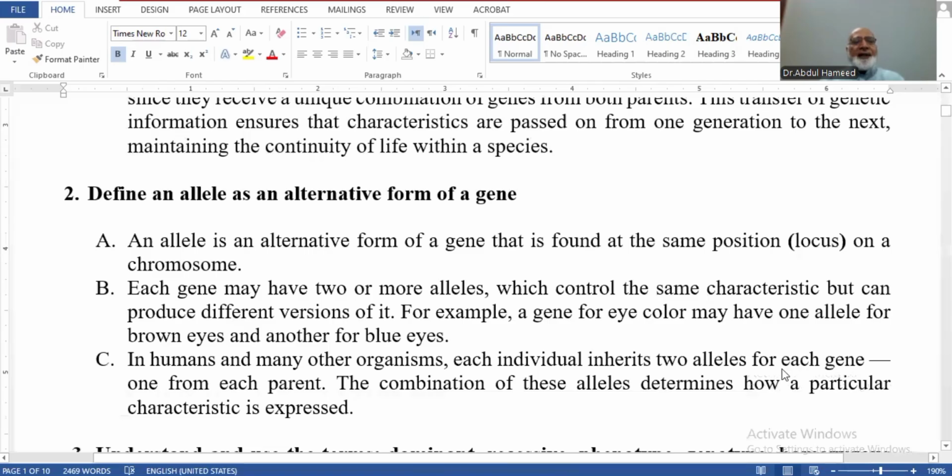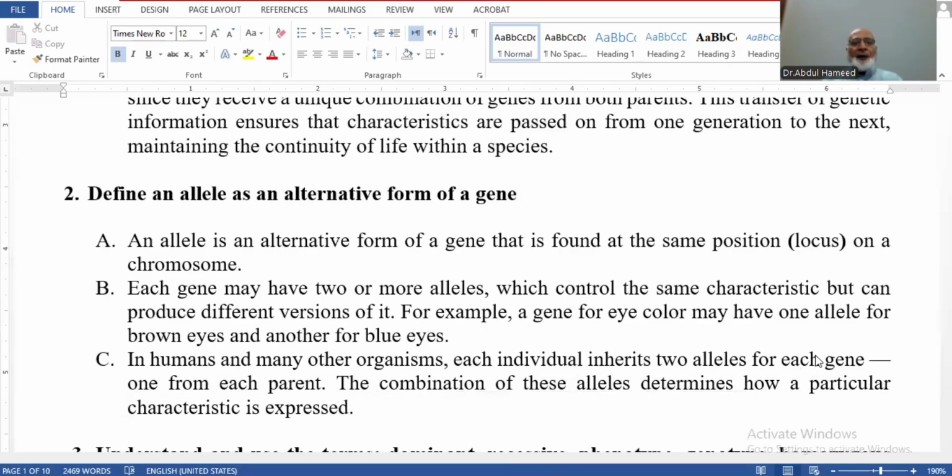An allele is an alternative form of a gene that is found at the same position, that is locus. Locus is the position on a chromosome where the gene is present, and for a particular gene, the alleles are there. Each gene may have two or more alleles which control the same characteristic but can produce different versions of it.